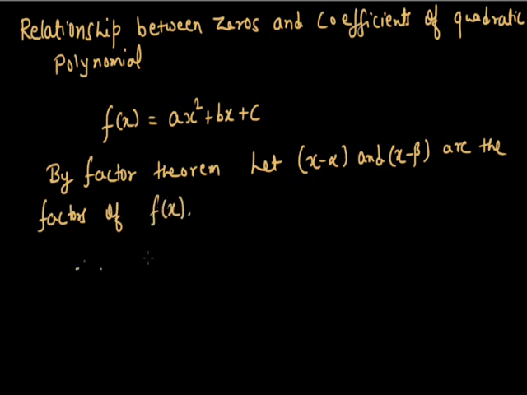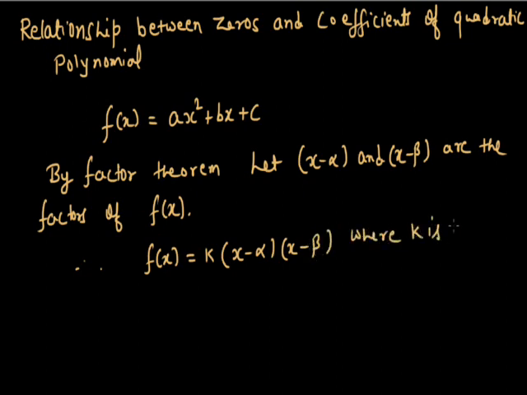Therefore f(x) will be equal to k times (x − α) multiplied by (x − β), where k is some constant.